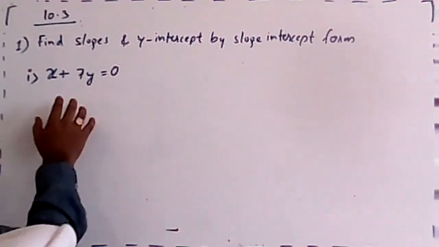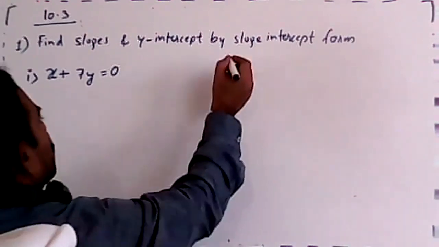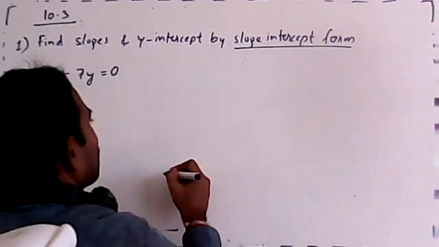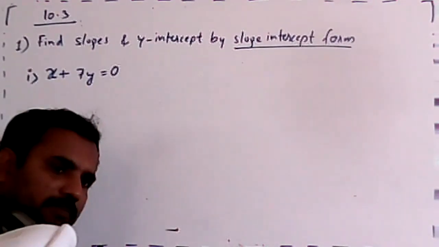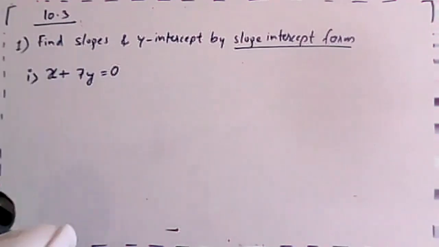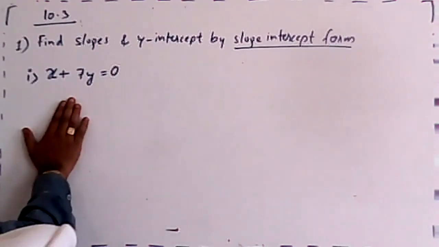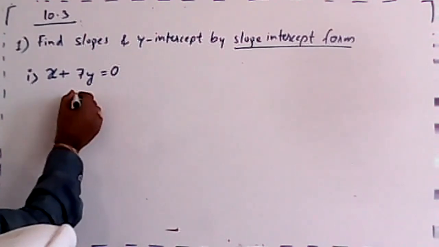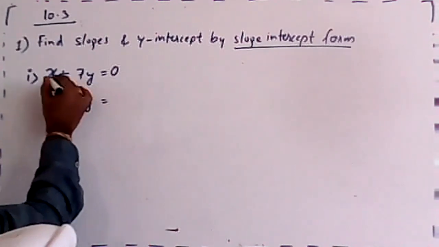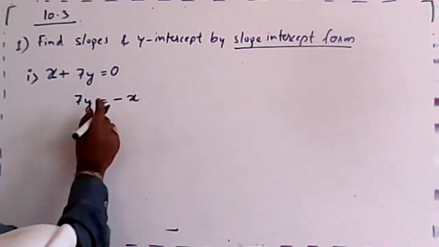See, it is not in slope-intercept form. Slope-intercept form means y is equal to mx plus c. So make it look like y is equal to mx plus c. I will keep 7y as it is. x comes here and becomes minus x.